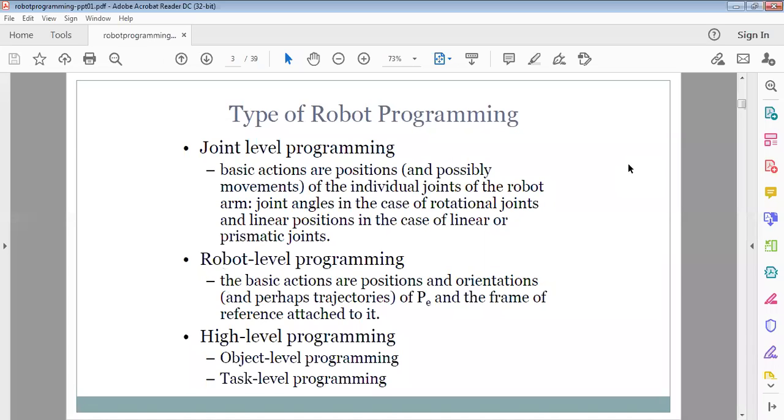Those four methods were in the previous slide; those four are programming methods.